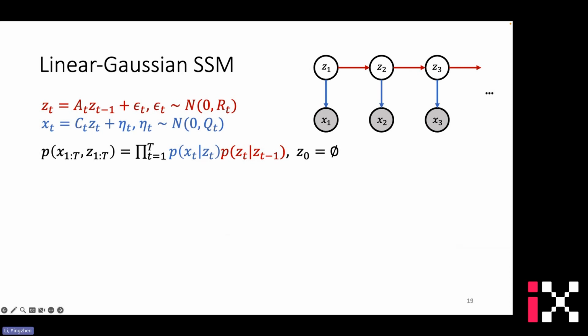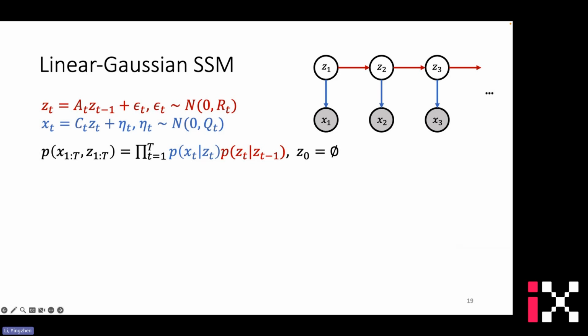The idea is the following. We have this model where the dynamics in the latent space are linear, because the current state z is a linear transformation of the previous state plus a noise. Similarly, the emission process where you transform the latent state z to the observation x is also linear.